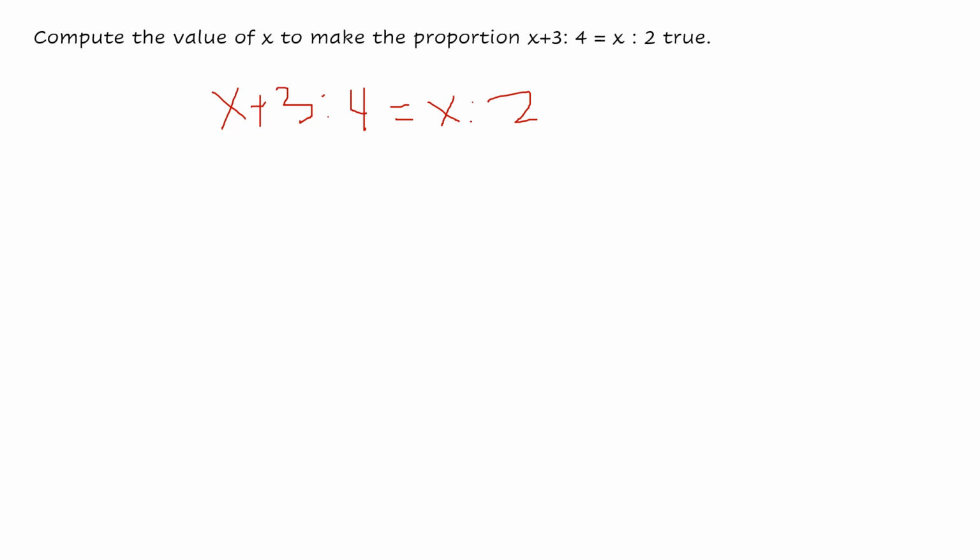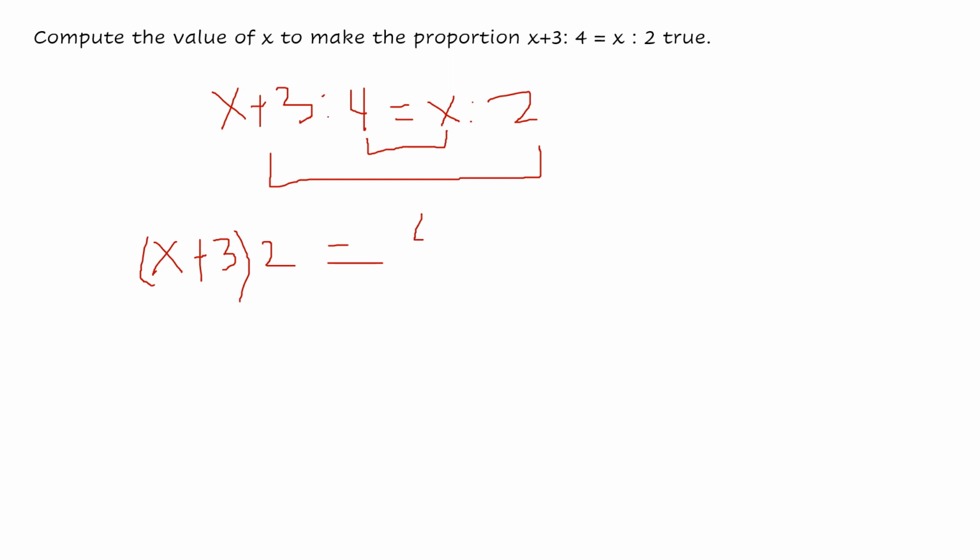Remember that in a proportion, the product of the extremes is equal to the product of the means. Since the extremes are x plus 3 and 2, it is equal to the product of the means, 4 times x.